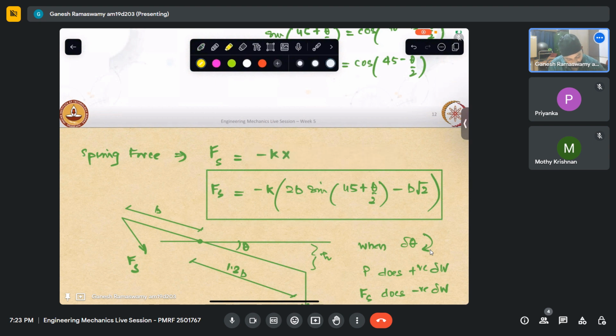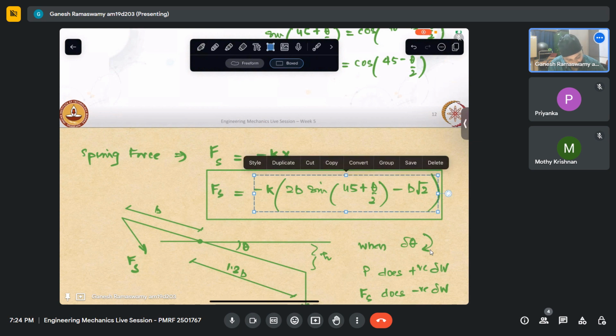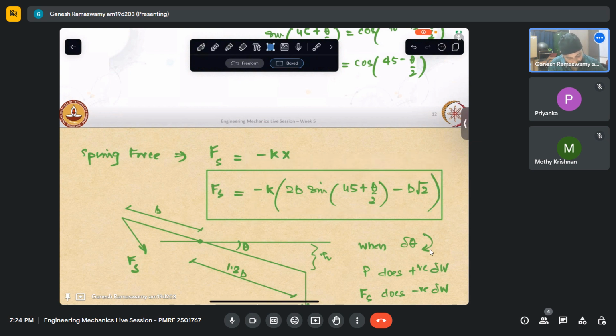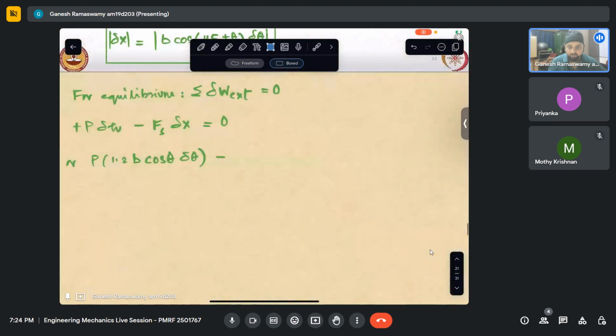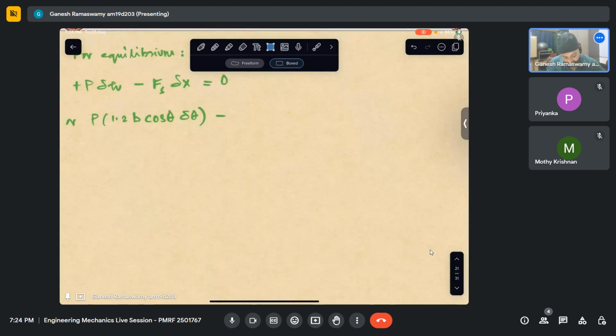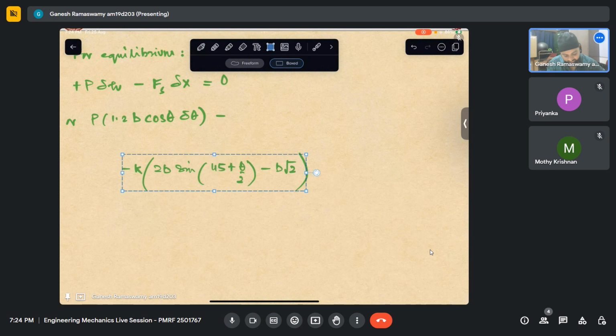So let us take it there. Actually, we have already accounted for that minus here, that is why I'm not writing it. I hope that doesn't create any confusion. If there is confusion, please do ask.